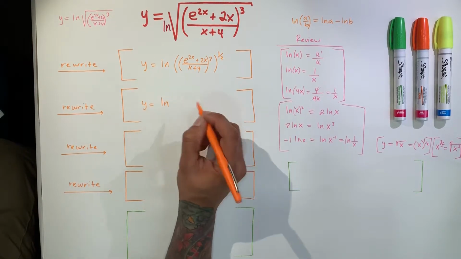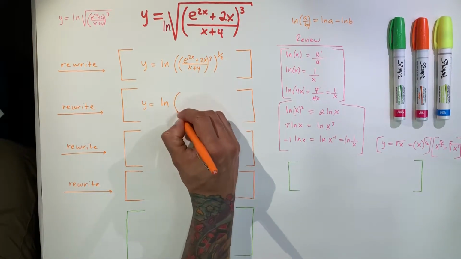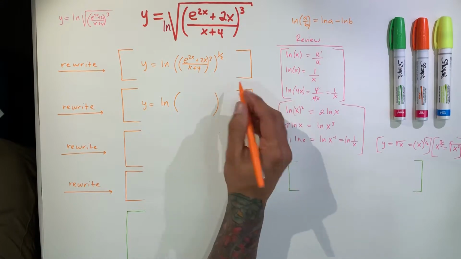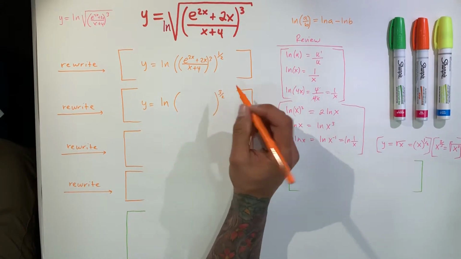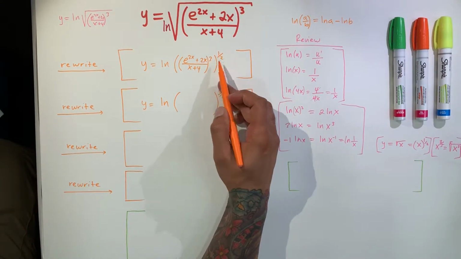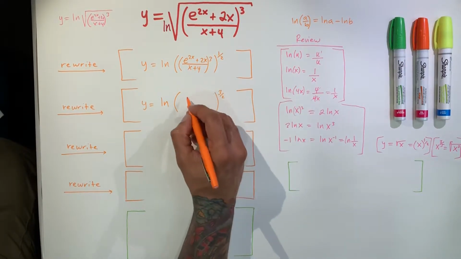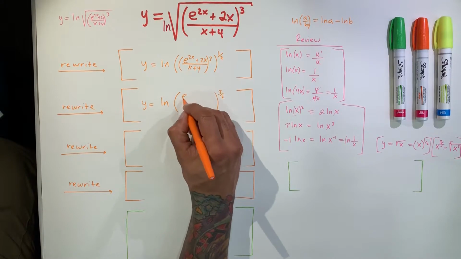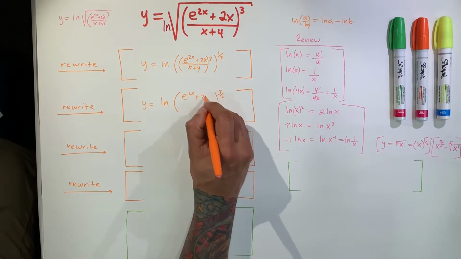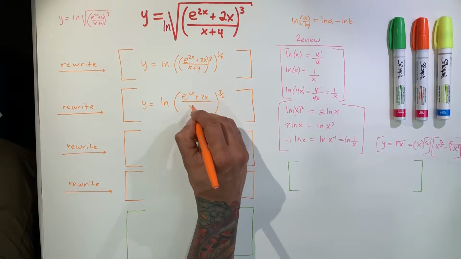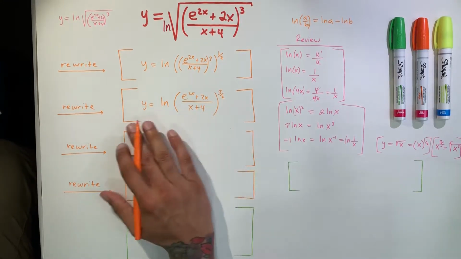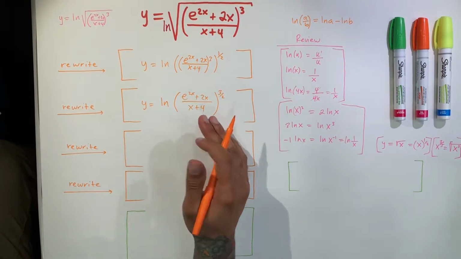So we're just going to have a cleaner looking thing here with one parentheses that's raised to the 3/2. I multiply the 3 to the 1 and the 2 to the bottom, so it stays as 3/2. I can rewrite everything inside: e to the 2x plus 2x divided by x plus 4. So I've just rewritten it again.